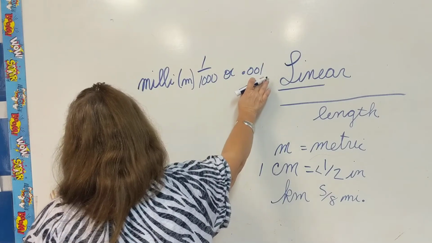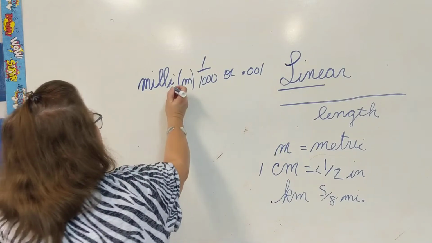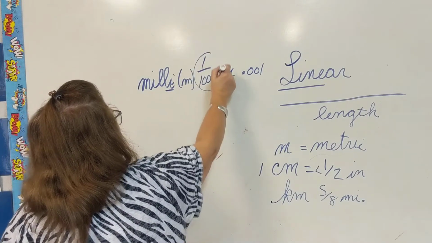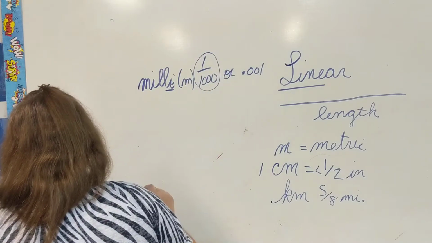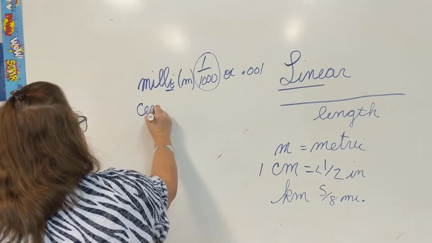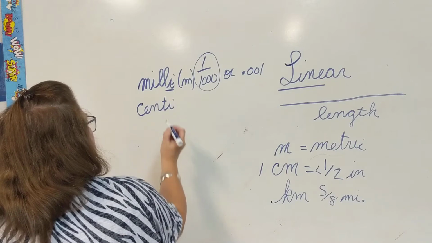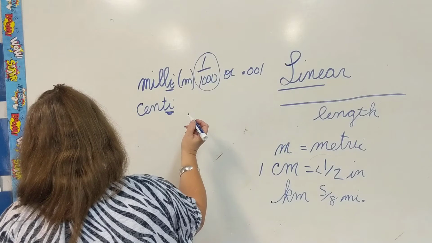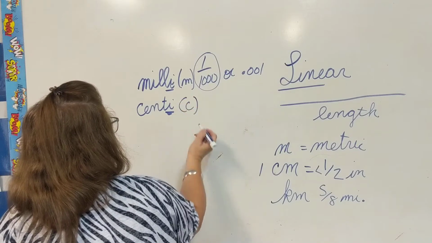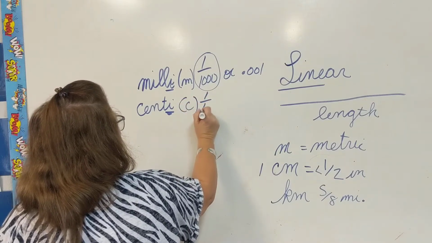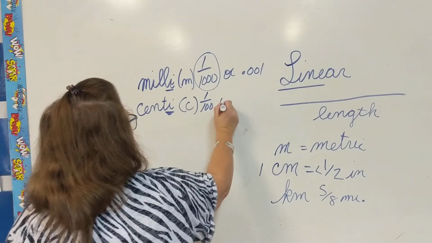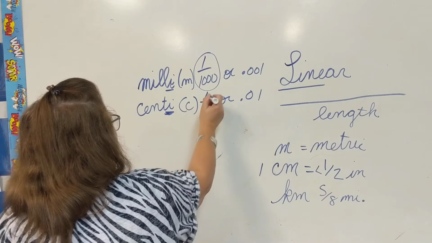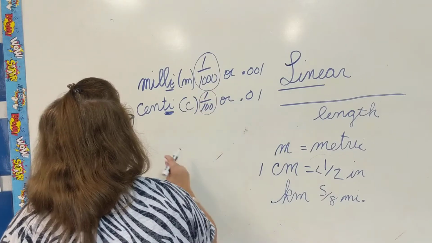Tenths, hundredths, thousands. So I want you to notice the I in milli, and then I want you to notice the fraction. The next one I want to show you is centi. Centi. Notice the I. The abbreviation for centi is C. Centi means 1/100th, or 0.01. So notice the I and notice the fraction.